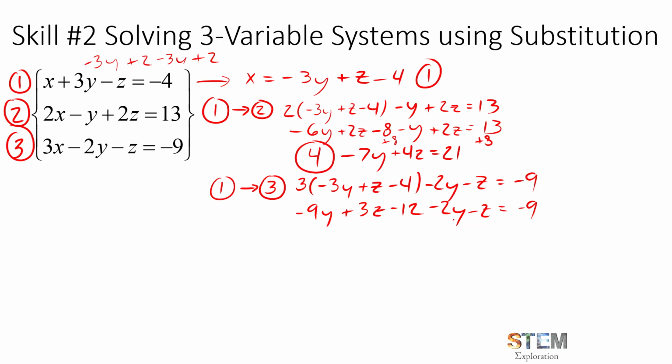Negative 9y and negative 2y gives me negative 11y, plus 2z, and let's add 12 to both sides, equal to 3.